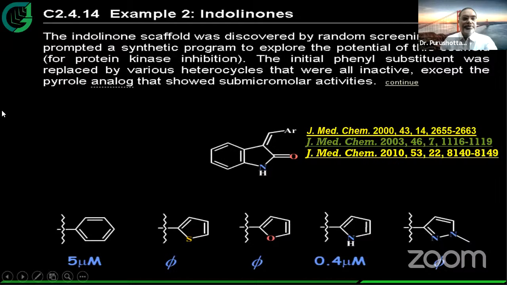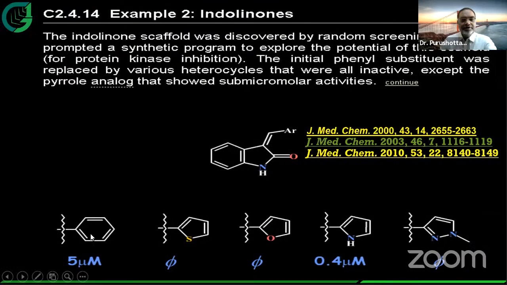So now, if you see the further modifications in this project, as you have seen, the Ar is here, the compound that is shown, which has the Ar substitution.